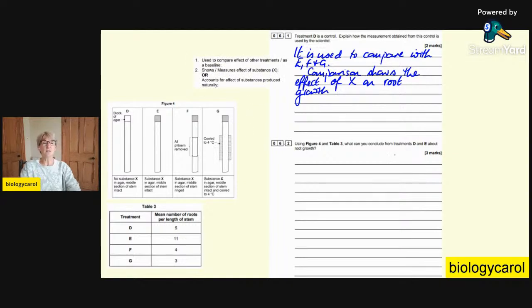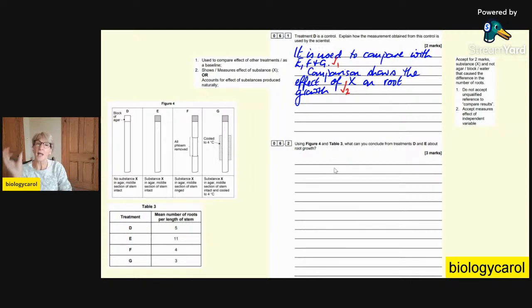Here is the mark scheme. And so I got both marks. I didn't say as a baseline, but I said it's used to compare the effect of the other treatments, and I've named them here. And then I got mark point 2 here. Notice that a control is very different to a control variable.